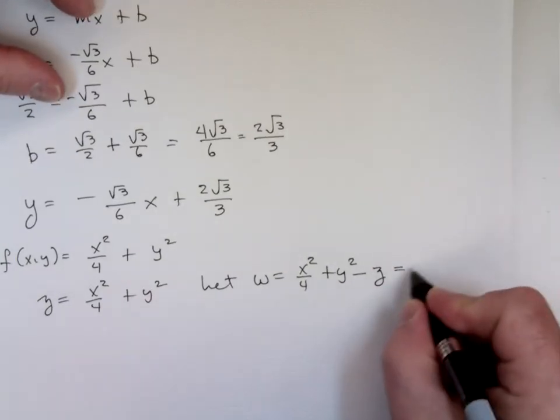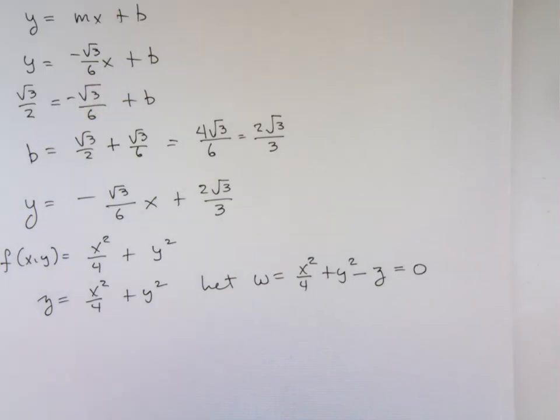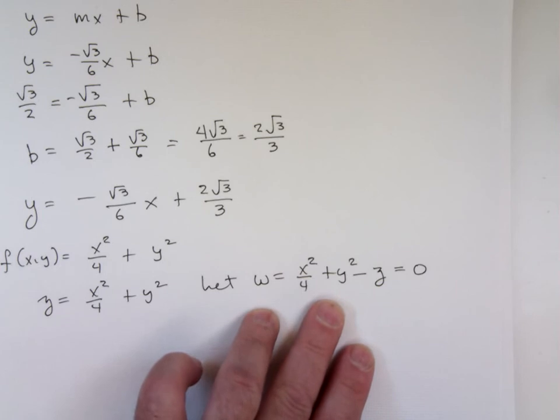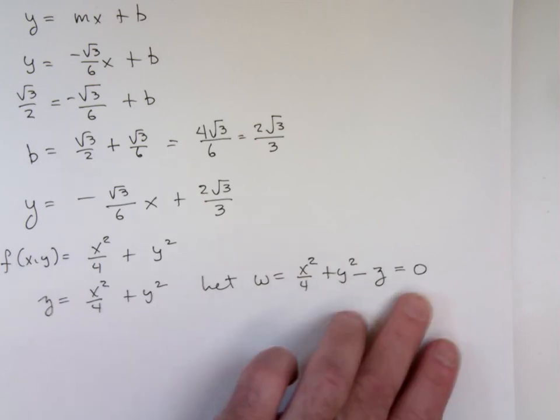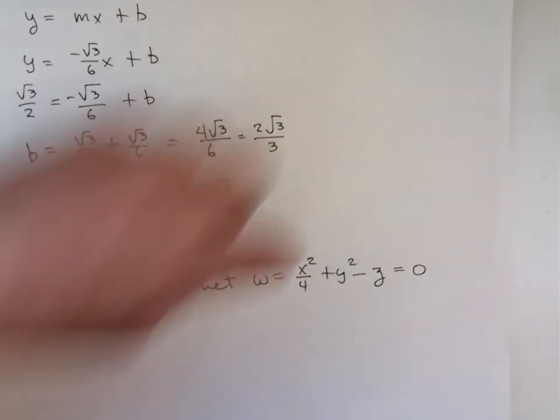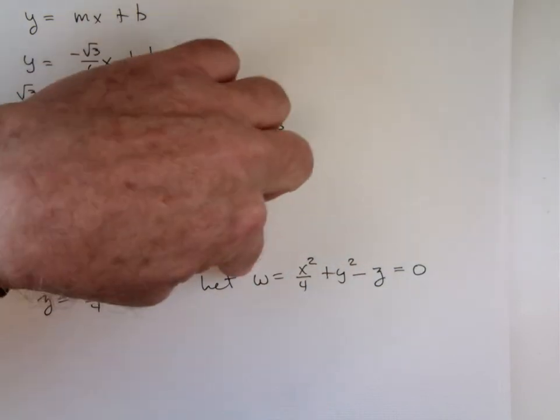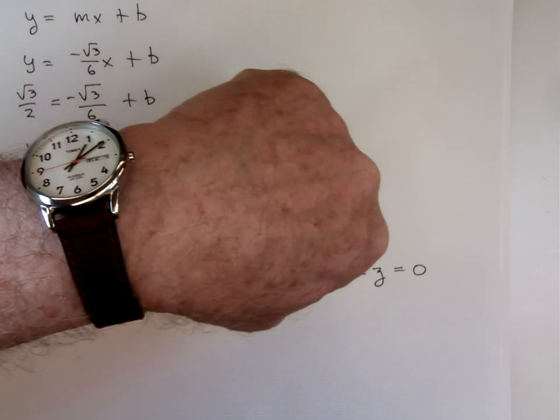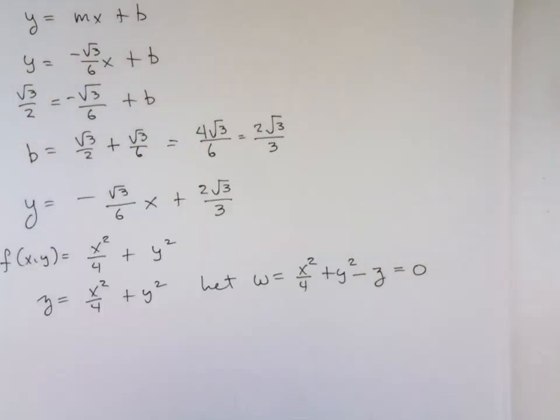What I'm doing here is making our surface the level surface to this fourth dimensional object w and setting it equal to 0. What is this level surface to this fourth dimensional object? It's our surface right here. So our surface is its level surface. Okay? Whoa. I know it's pretty shocking, this whole thing. That's a good reaction, actually.